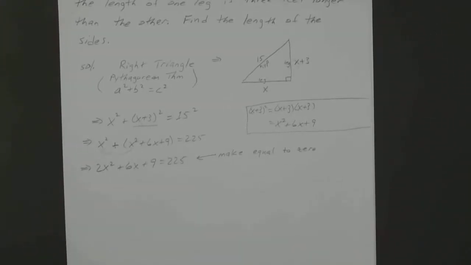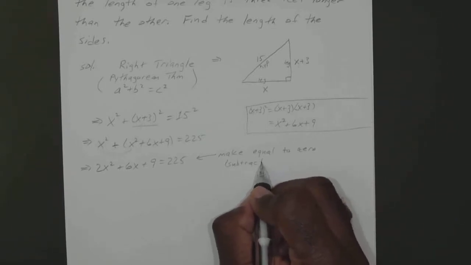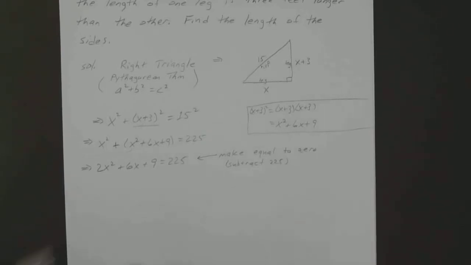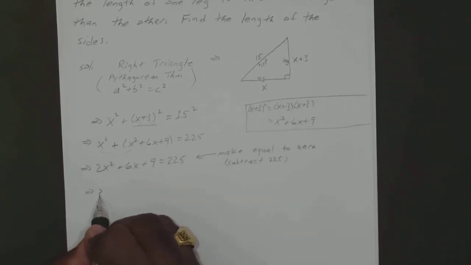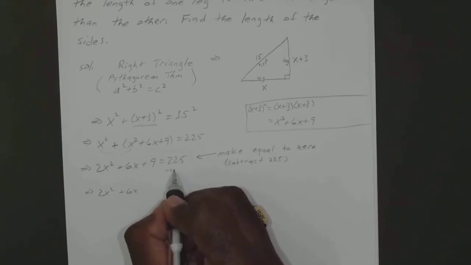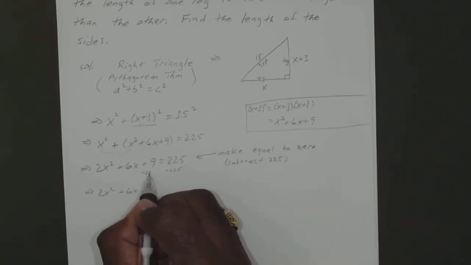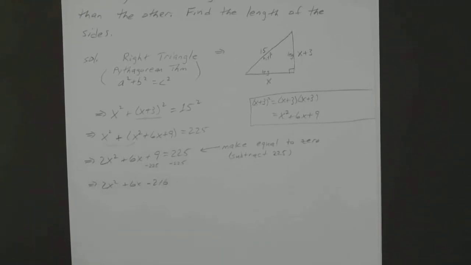So we're going to subtract 225 from both sides. Okay, so that gives us 2x squared plus 6x minus 216 equals 0.